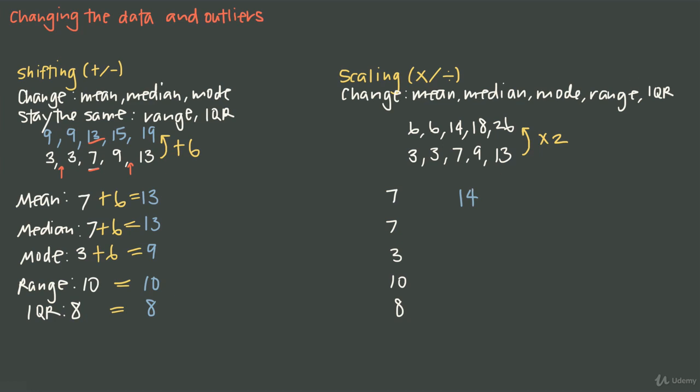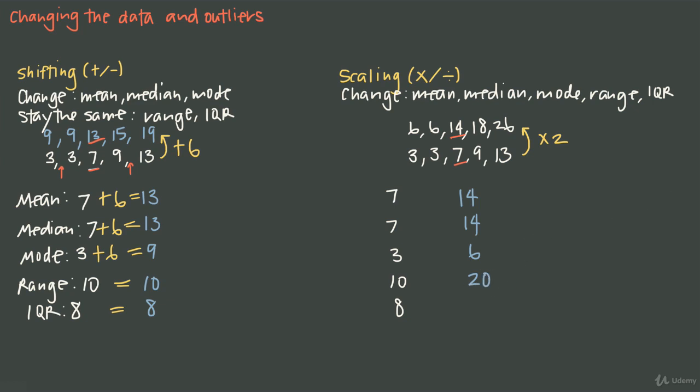The median, we can see here, is still the middle number, so the median is still going to be 14. The mode of the data set, 6 occurs more often than any other value, so the mode is going to be 6. The range will be the largest value, 26, minus the smallest value of 6. 26 minus 6 is 20.